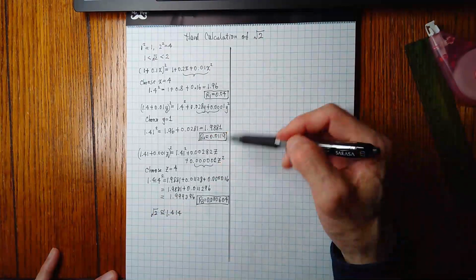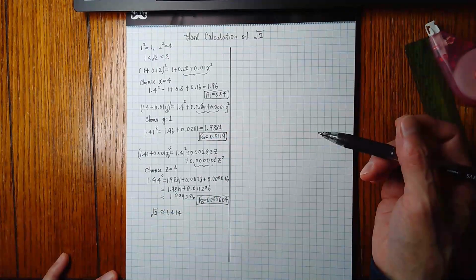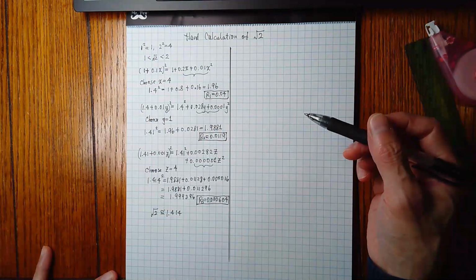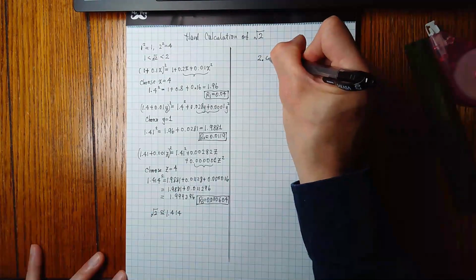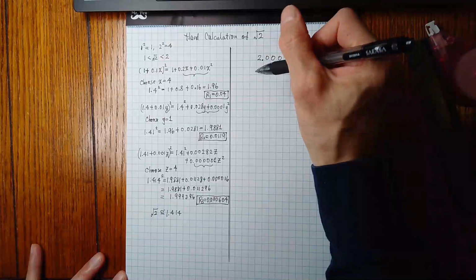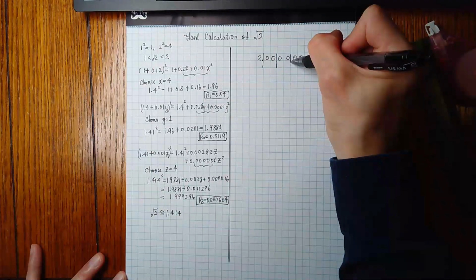And now based on these calculations, we want to develop a more effective algorithm to find the square root of 2. So we're going to start with 2.000000, and we're going to cut the decimal places 2 places at a time.